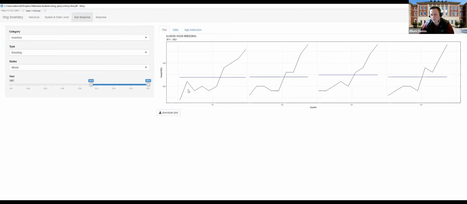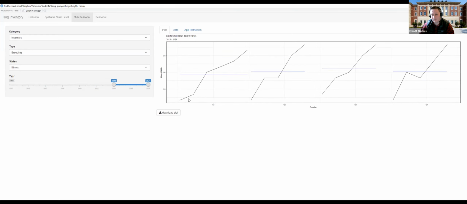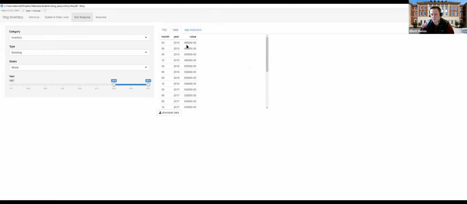What is the quarterly breeding between 2011 and 2021? It looks like since about 2015, we've had a steady increase year over year. So this allows us to look at the dynamics within quarter by state and by commodity. And then you can download the plot and the data here as well.